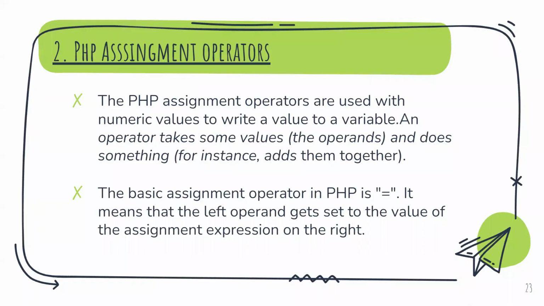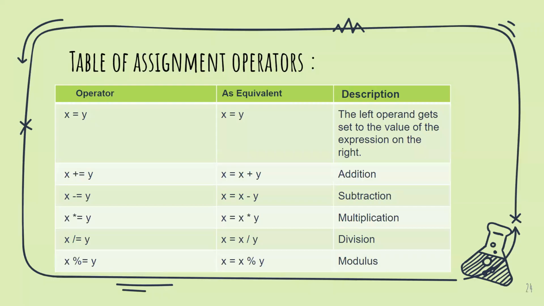Coming to assignment operators, whatever is present on the right hand side is assigned to the left hand side variable. There are once again different types of assignment operators. So x equal to y: whatever value is present in y is simply substituted in x as well.